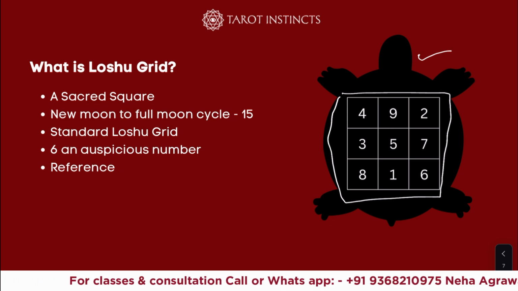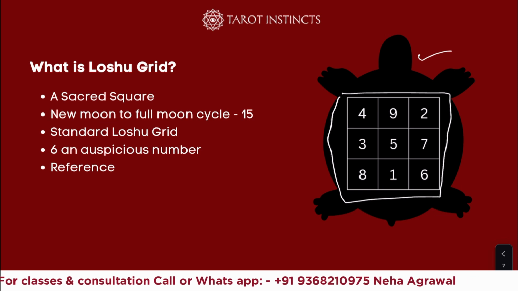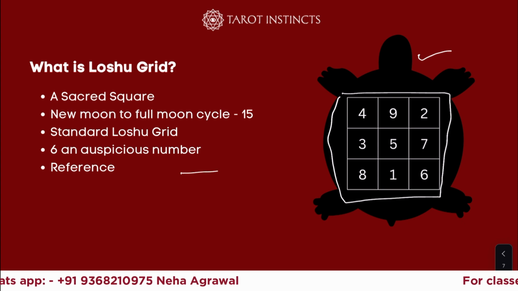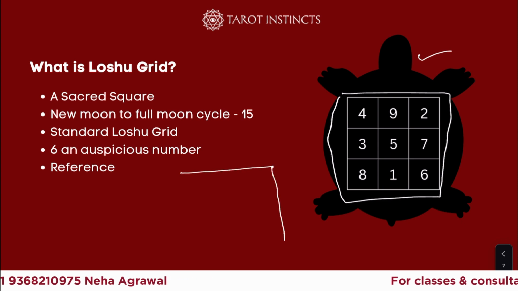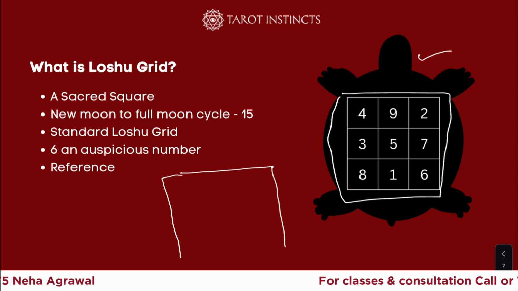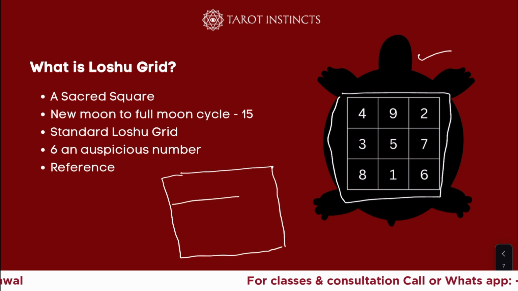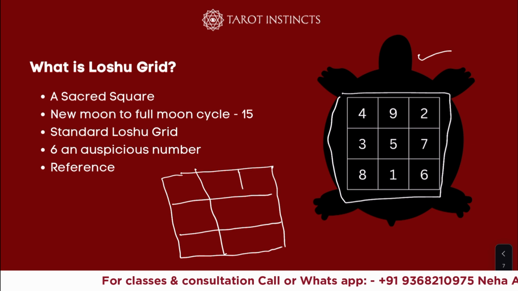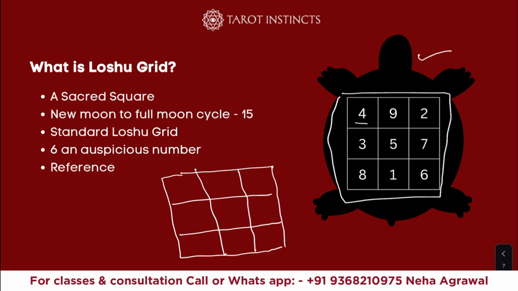This was a 3 by 3 grid with dots or markings that represented numbers. Previously there were no numbers like this.